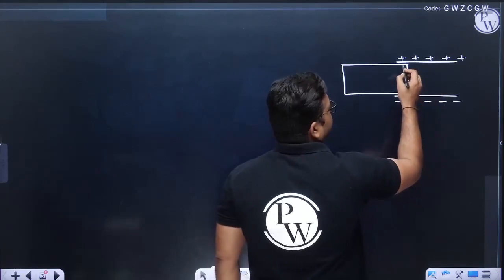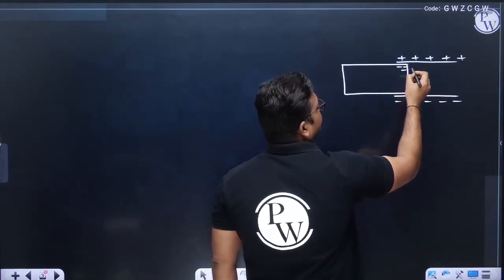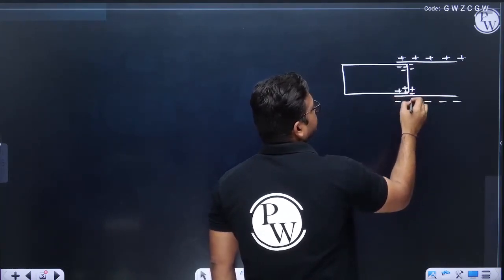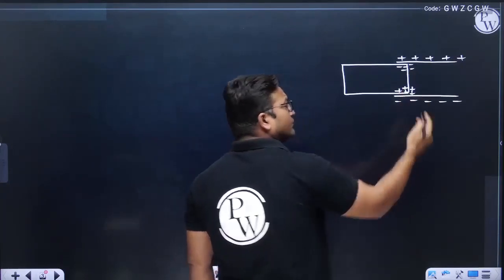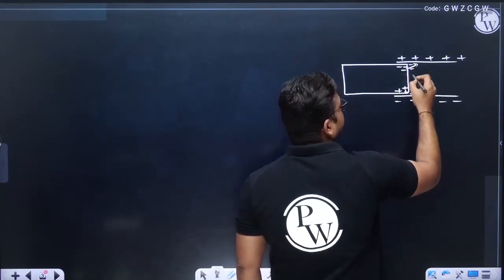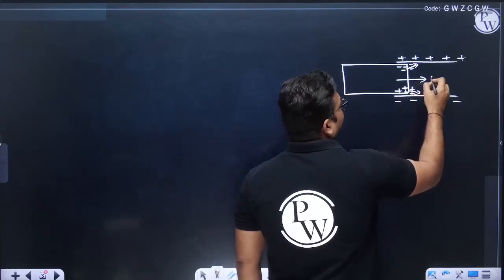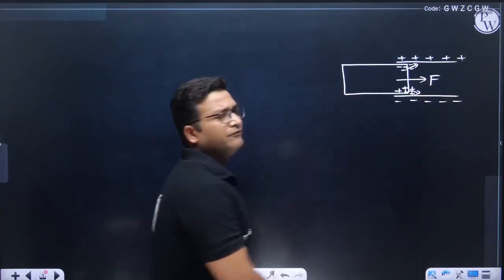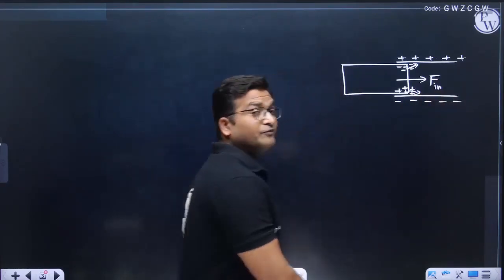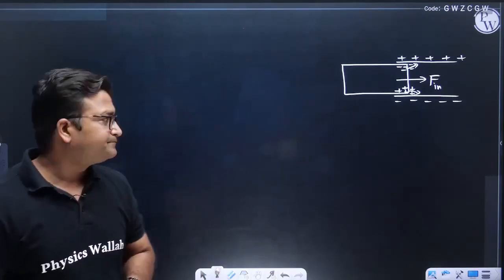Because of this charge, there is some induction, and near the positive charge, negative charge induces, and near the negative charge, positive charge induces. When these induced charges interact with the plate charges, they feel an attraction force like this. So this slab is pulled by a force, and this force may be called the internal force, or the force by the capacitor on the slab.